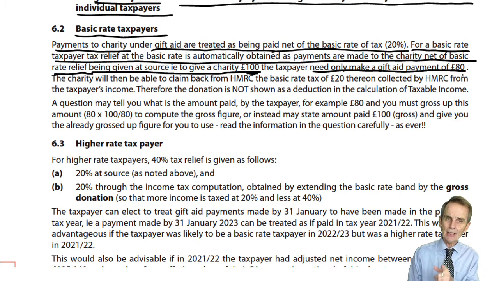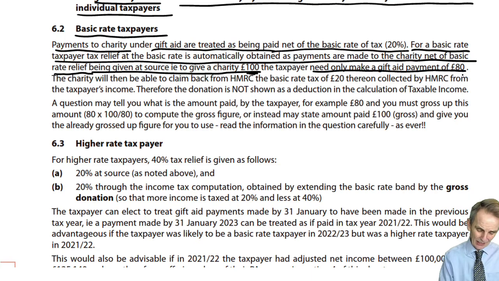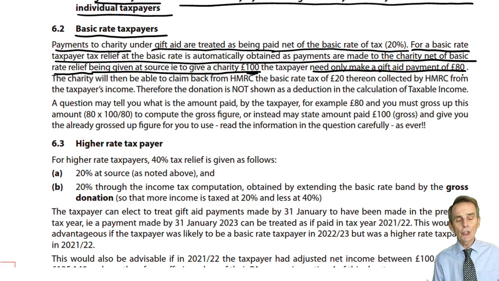So that said, how do we deal with this in terms of your income tax computation? We've had our basic rate relief at source. We've paid over £80 out of our net income, and the charity has benefited by £100. What that means as a basic rate taxpayer is there's nothing to do on the income tax computation.